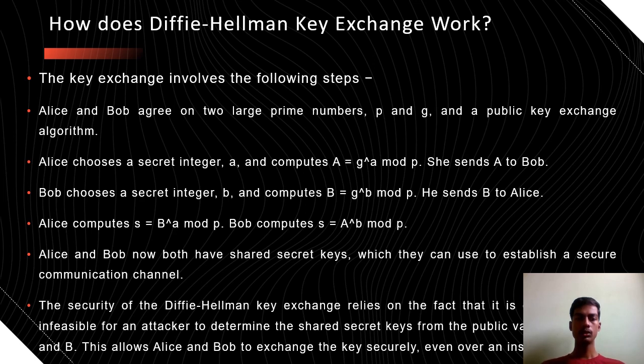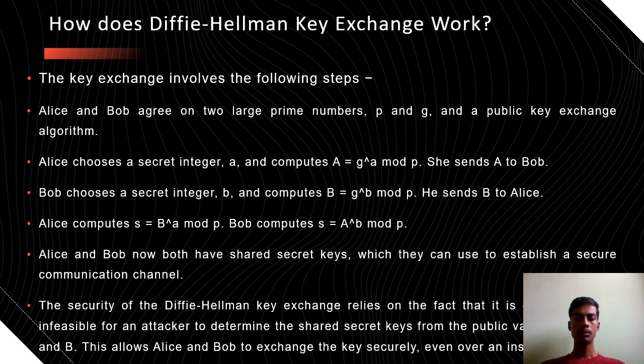Alice chooses a secret integer a and computes A equal to G power a mod P, and she sends the computed value A to Bob. Bob also chooses a secret integer b and computes B equal to G power b mod P, and he sends B to Alice.